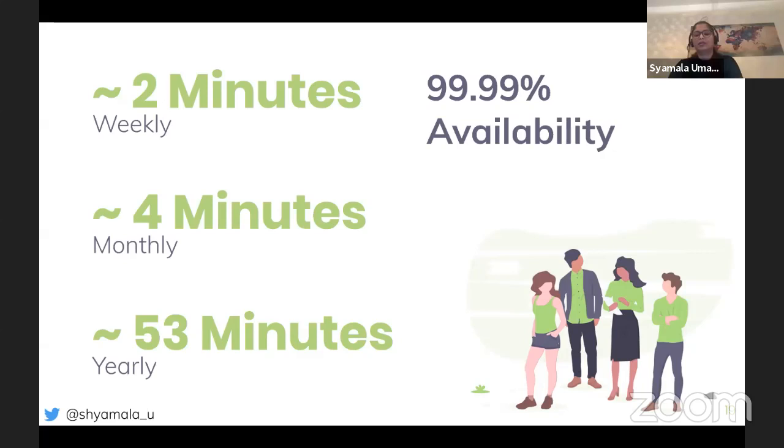You cannot simply build a product and say, now I have 99.99% availability, because if you have a bug, you have to fix it within 4 minutes in that month. If you don't manage that, then you're probably going to be not reliable, and you have violated your SLAs. So reliability is a product feature.